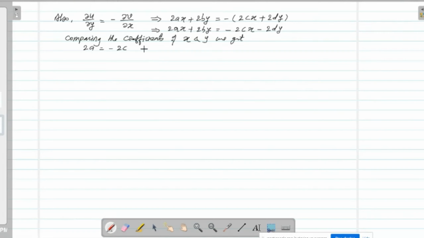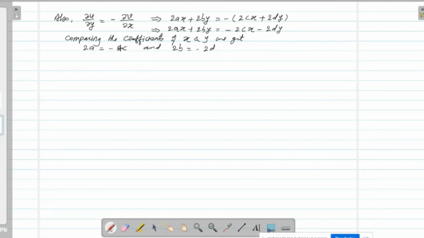The coefficient of y is 2b, and here it is negative of 2d, so 2b is equal to negative of 2d.